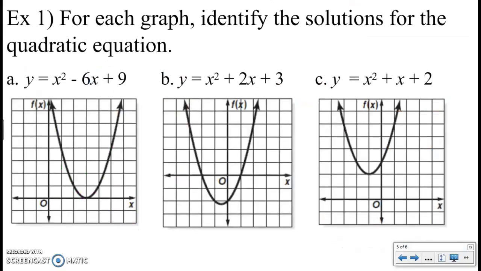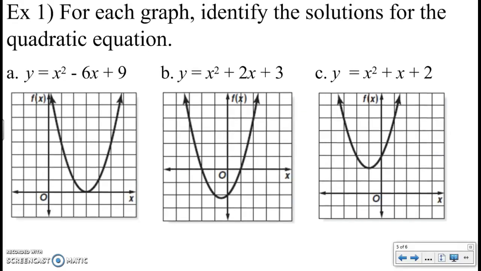Okay, first example. There are 3 graphs here, one for each quadratic equation. Identify the solutions using the graph. So in this first problem, notice that my graph only touches the x-axis at this point. So we have 1, 2, 3. So it touches at the point (3, 0).